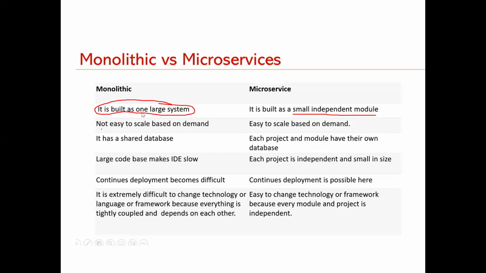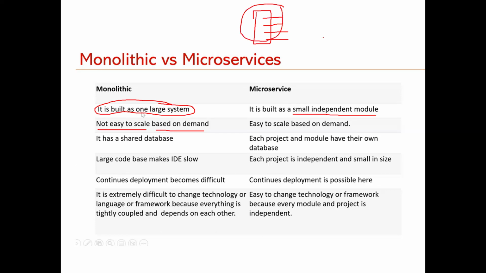Second, it is not easy to scale monolithic applications based on demand. If you take a single project, inside it you have a search controller, payment controller, order controller, shipping controller. All the controllers are available in a single project.